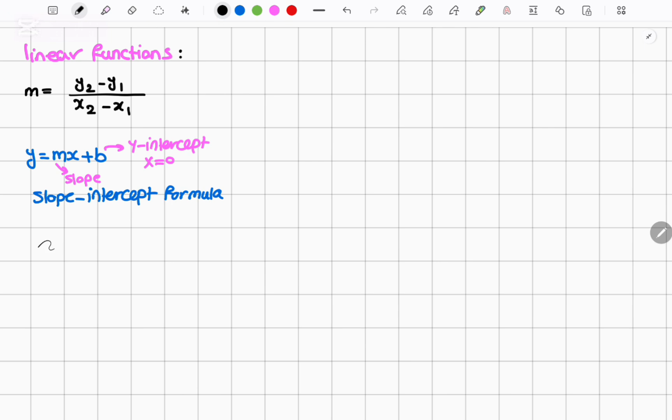The next formula is called point-slope form. y minus y1 is equal to m times (x minus x1), in which y1 and x1 are the coordinates of a random point.